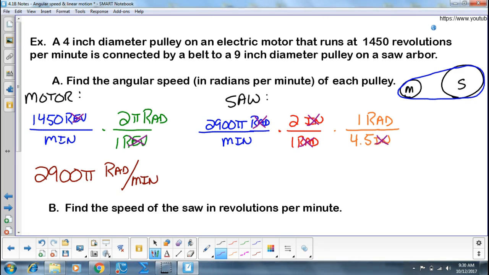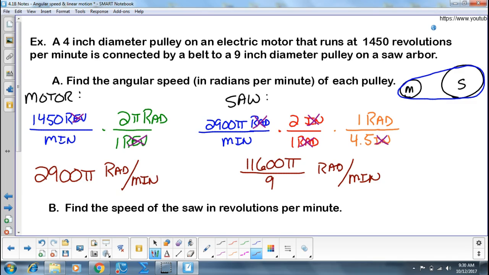So I believe that that one ends up being 11,600 pi over 9 radians per minute. Let me check my notes. Yes. Okay. Yeah.